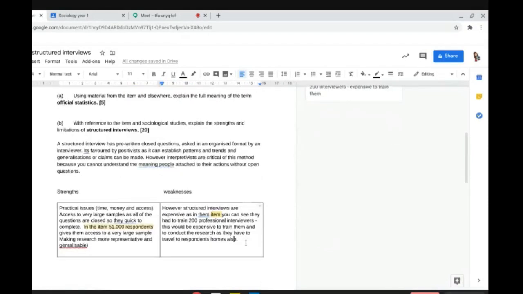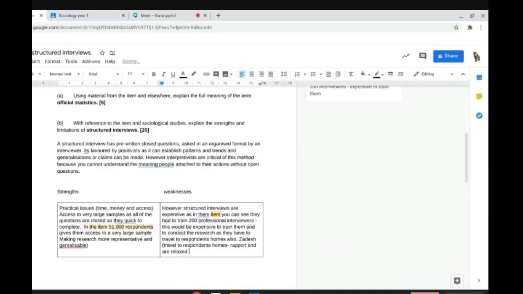If you wanted to, I haven't put her here, but if you need an item and two studies, you could add Zadesh there. And say, for example, this is also shown in Zadesh's study, as she has to travel to respondents' homes to ensure they build a rapport and are relaxed.